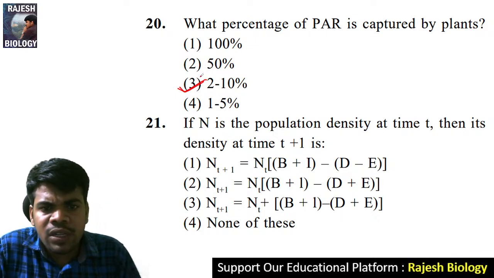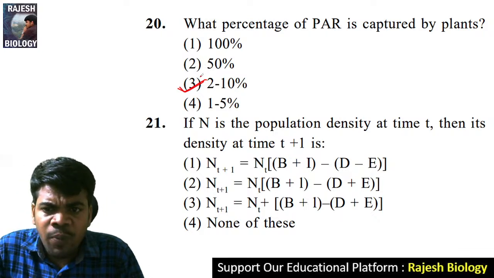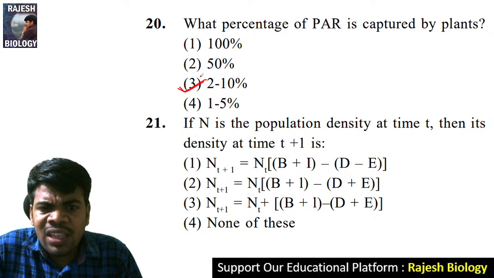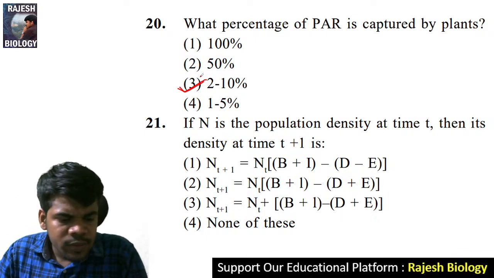Come to the 21st. If n is the population density at time t, then its density at time t plus 1 is equal to what? 21st question.